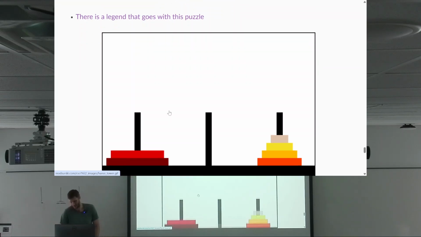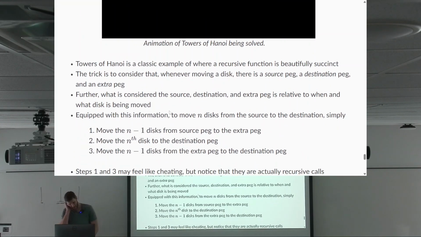So anyways, the Towers of Hanoi is a classic example. The trick is to consider, since we talk about this one recursively, that whenever moving a disk, there is a source peg, a destination peg, and this extra peg. A source holy spot, a destination holy spot, and a temporary holy spot where you're allowed to put the plates down.